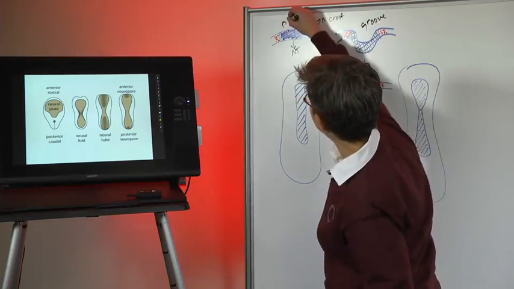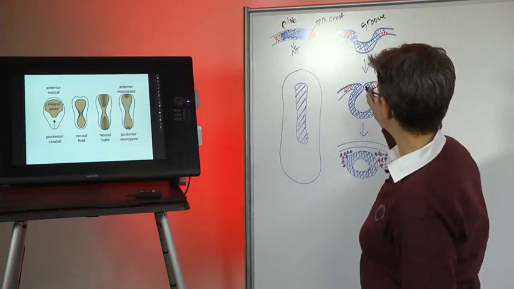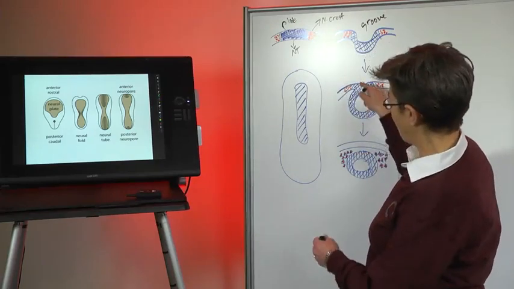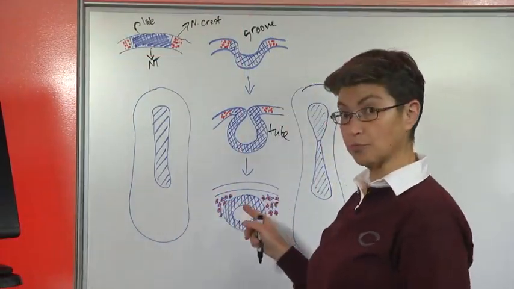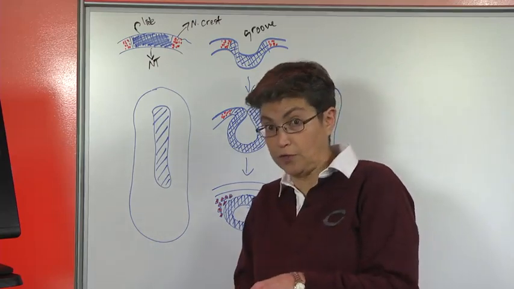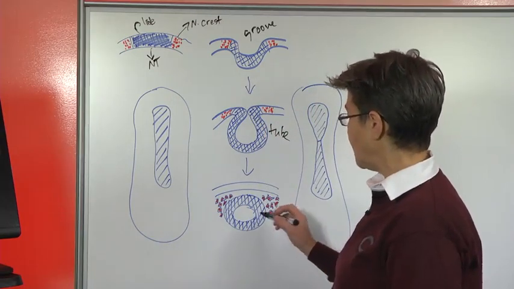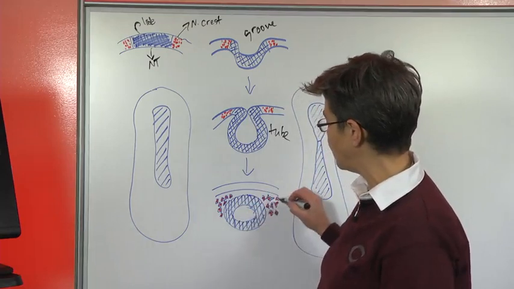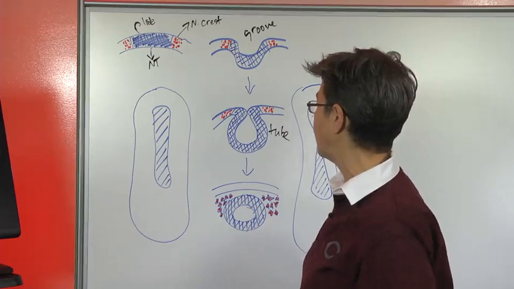The plate becomes a groove, and then it buds off, and it actually becomes a tube. But that tube actually has to then be covered by ectoderm, so that the central nervous system is below the surface of the body. And so this is ideally what we're going to get, a neural tube that is surrounded by these neural crest cells that are going to go elsewhere in the body.